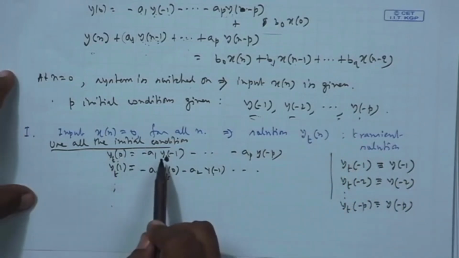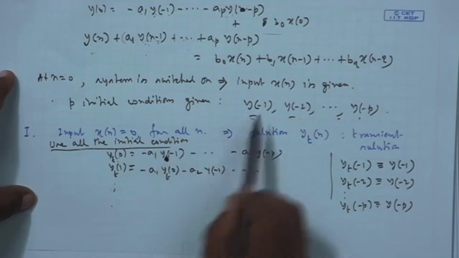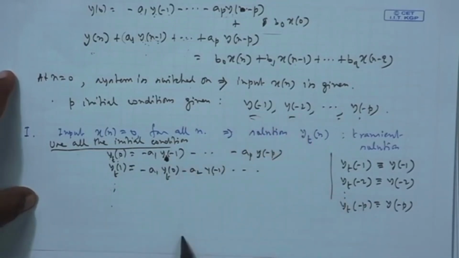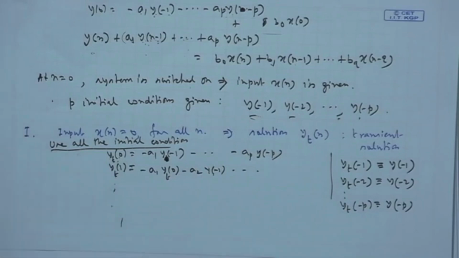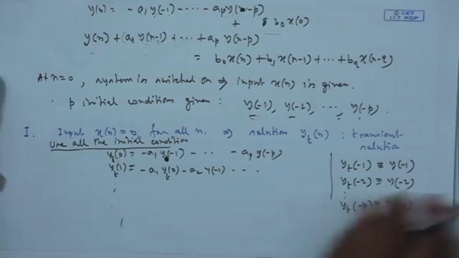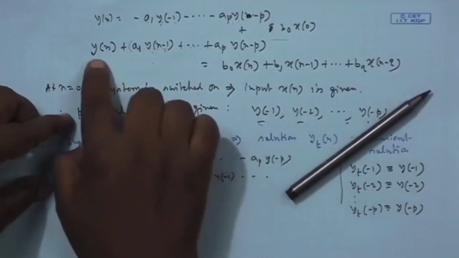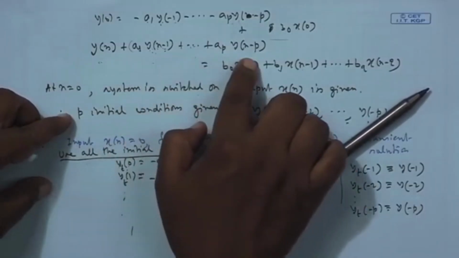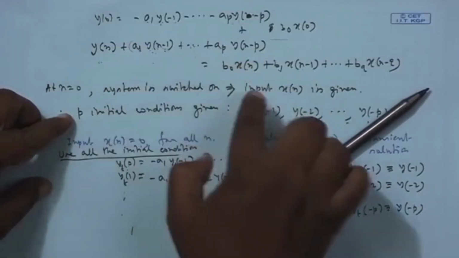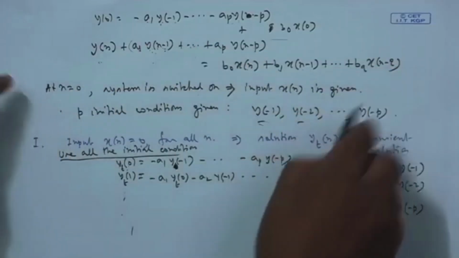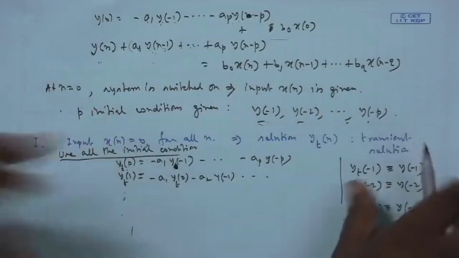So whenever I have y t minus 1, I replace it by y minus 1, y t minus 2 by y minus 2, and that is what I have been doing in these equations. This I call the transient solution, all right. So if I put the transient solution back on the left hand side, this will amount to 0, because the right hand side was 0, and that is how I solve the equation. This is one solution.